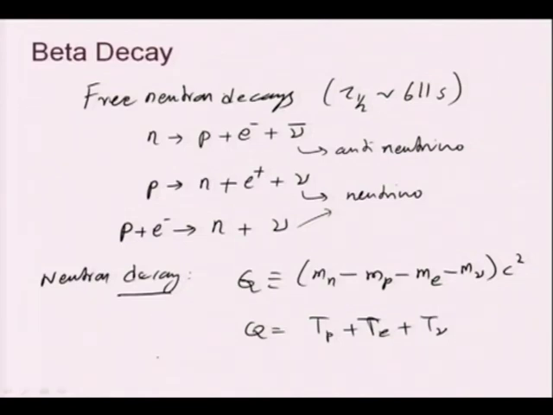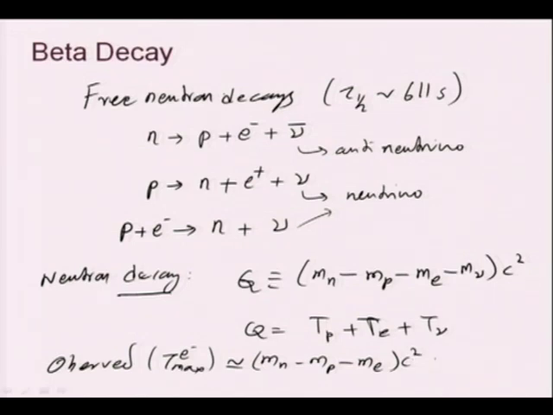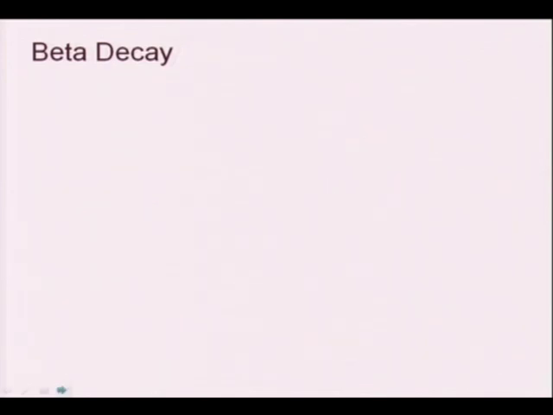It turns out that the observed maximum kinetic energy of the electron is approximately m n minus m p minus m e c square, and this indicates that m nu is, within the experimental uncertainties, equal to 0. So, approximately equal to 0. We will consider for all practical purposes in our discussions the neutrino as a massless particle.